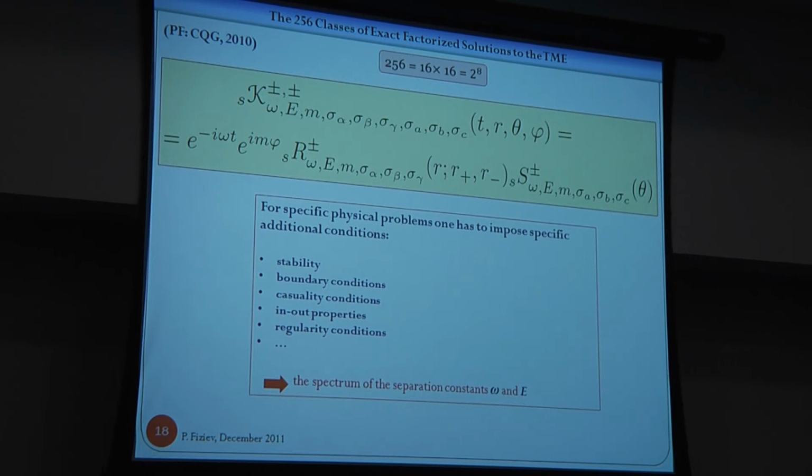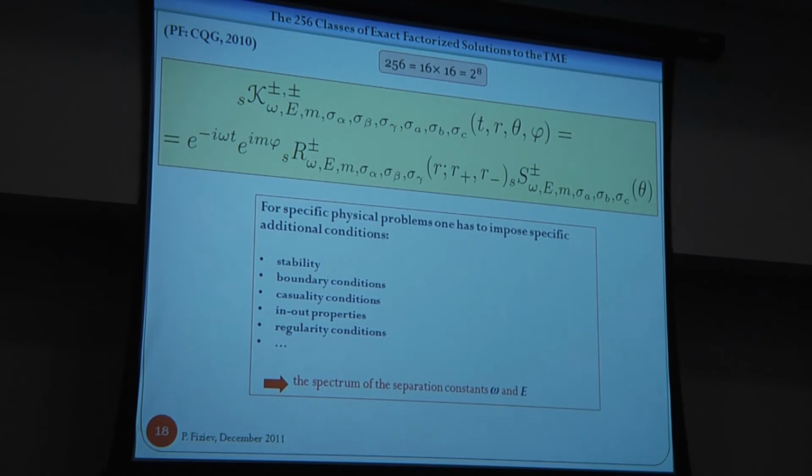For the Kerr solution, we can discuss the same things. Here we have a lot of solutions. In my article in QCG 2010, it was shown that all classes of exact solutions of the Teukolsky master equation may be represented in this way.